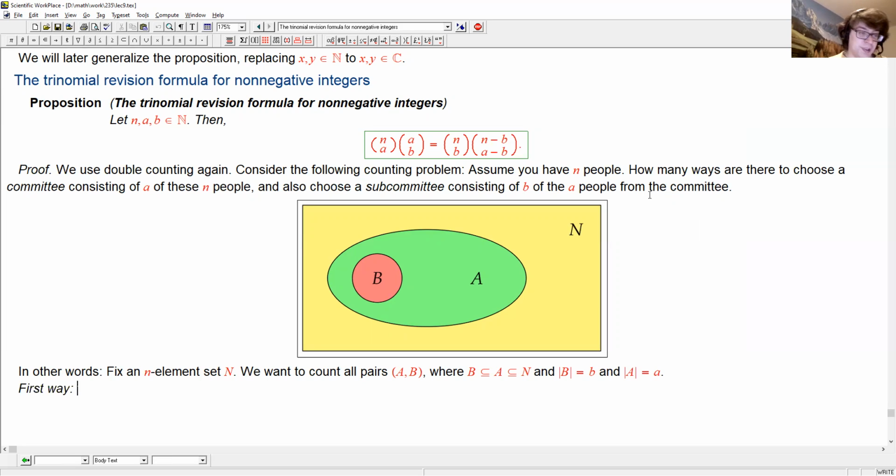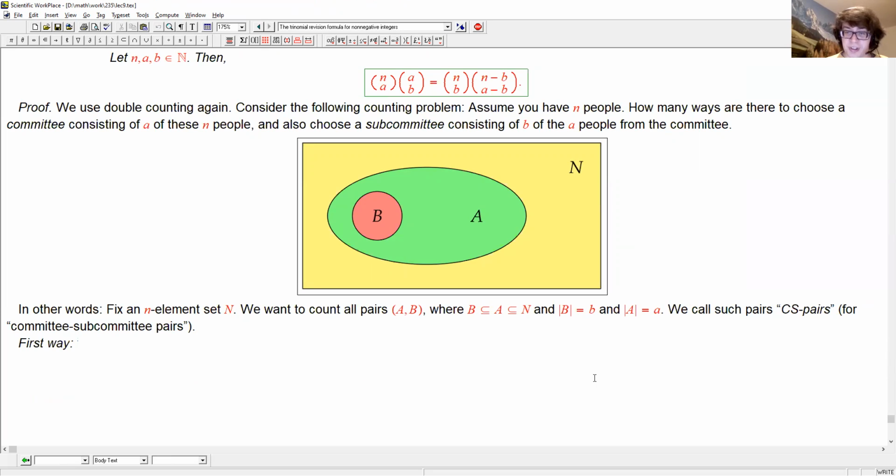So here is the first way to solve it. Before I do anything, let me give these pairs a name. We call such pairs CS pairs, for committee, subcommittee pairs. I have to abbreviate it because there is no way I'm not going to misspell committee at some point if I don't.